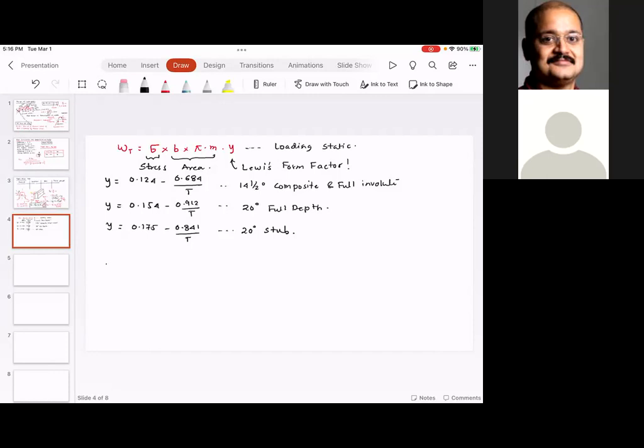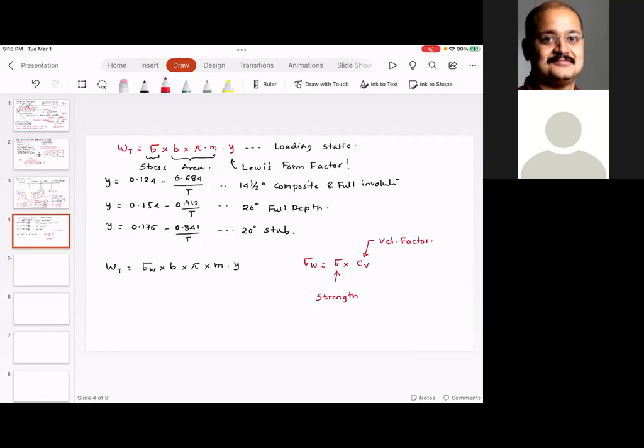So for that, this equation WT is modified as sigma W times B multiplied by pi times M multiplied by Y. And sigma W is equal to sigma multiplied by CV, where sigma is the strength and CV is called the velocity factor.